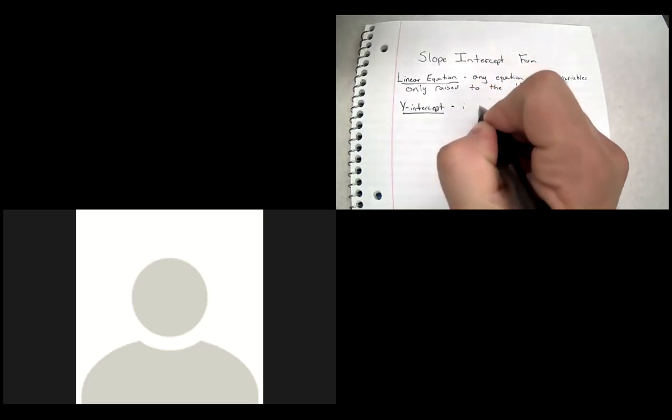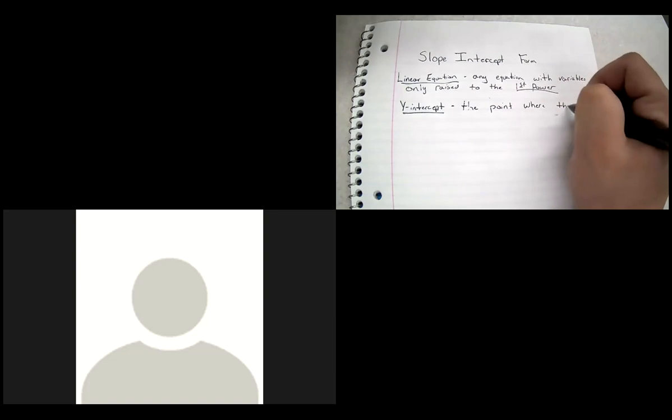And the y-intercept is the point where the line crosses the y-axis.